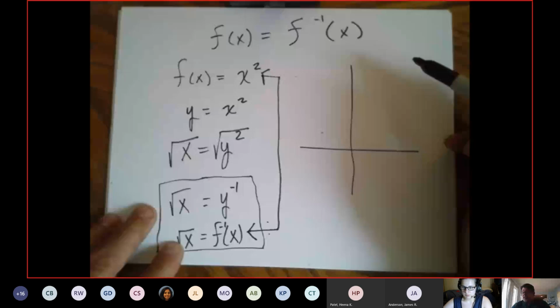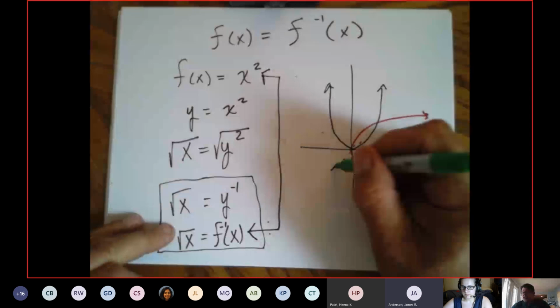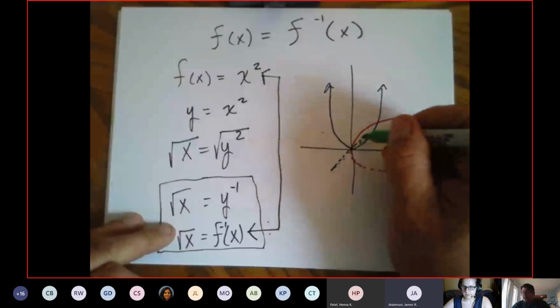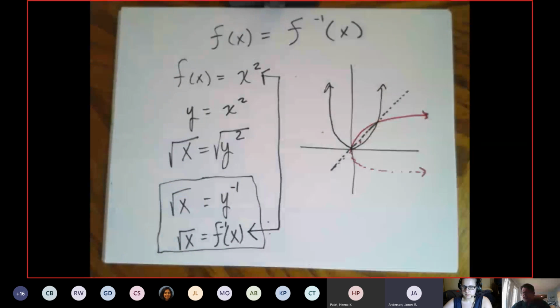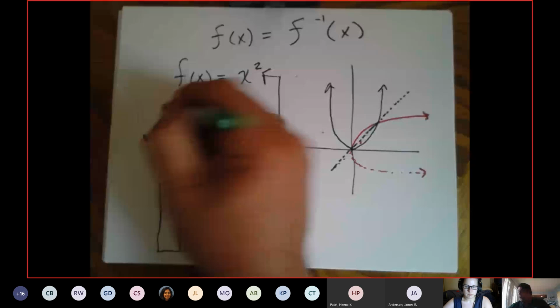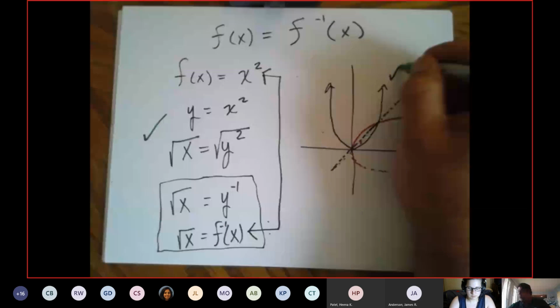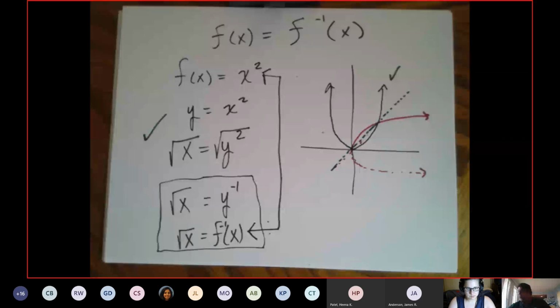You're going to see some kind of symmetry around that 45-degree angle. Make sure you can do this, and make sure you can do it on your calculator. Well, at least picture it. Sometimes you can't do the inverse. I don't fool with calculators, especially that one I got on here. It's not very good.